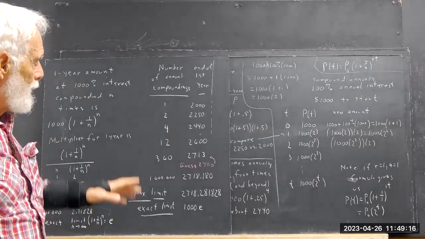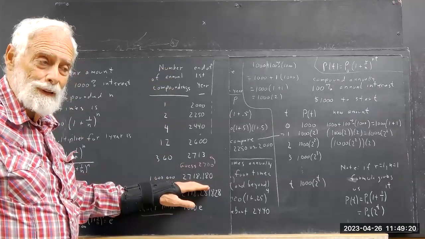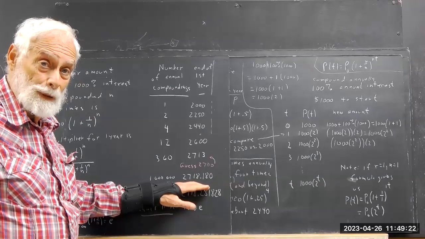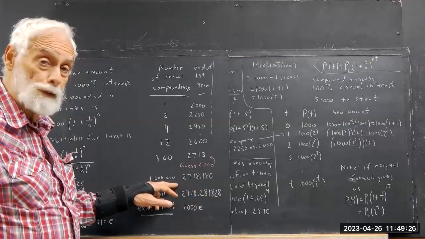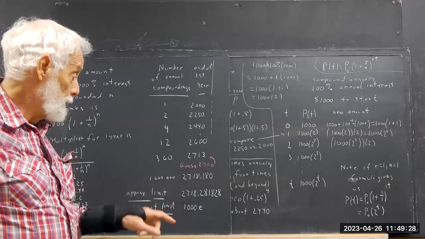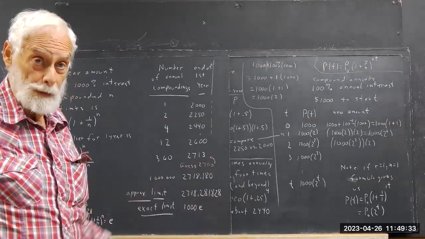Okay. Now, you understood that there's a leveling off, a limit. And I wrote out the limit, which is very, very close to what you got for 1,000,000 compoundings, 2,718.281828.